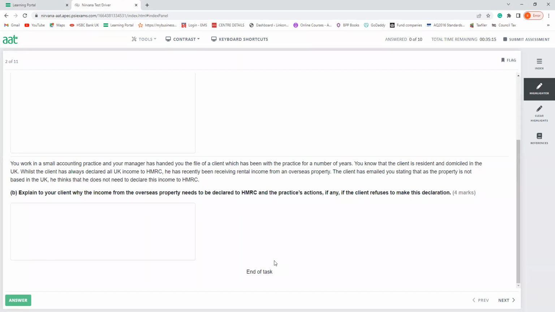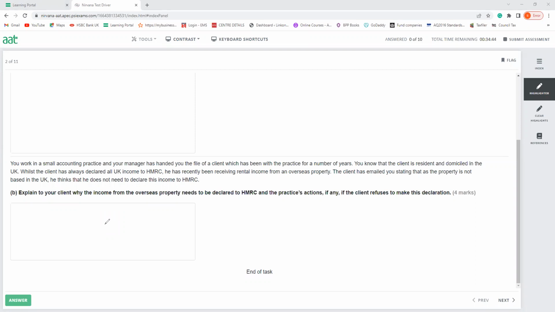Now, this is just one situation. In any scenario, if the client does not agree with the accountant, if the client says, I don't want to show this income or that income to HMRC, the treatment will be the same. All we have to do is tell the client, you have to do it. If you don't do it, I cannot act as an accountant or as an agent for your company.